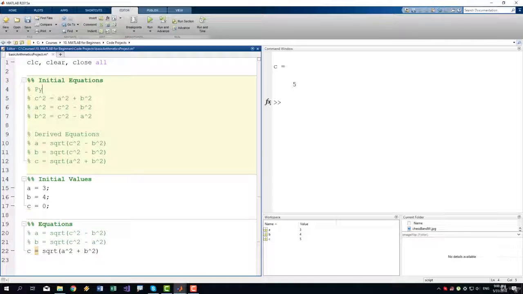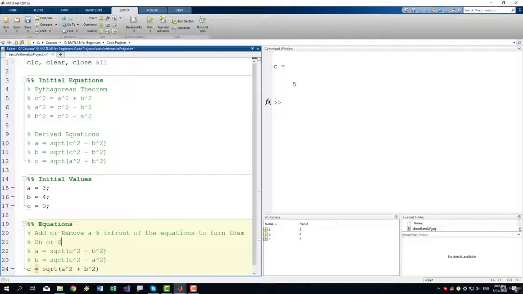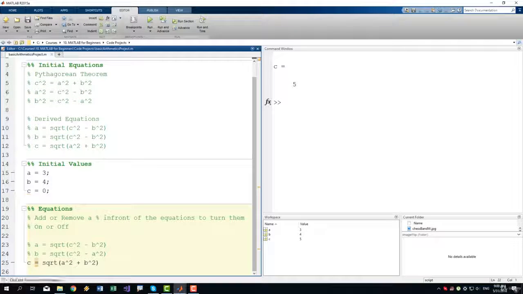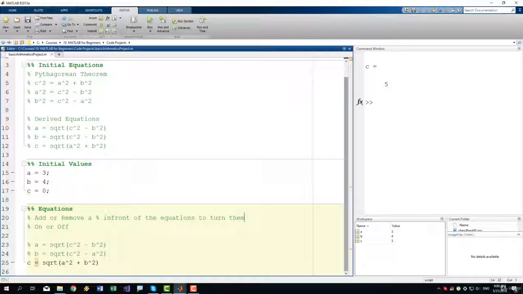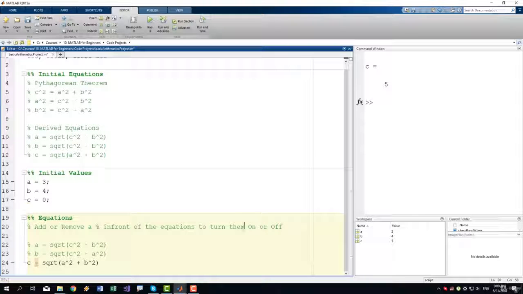This is the Pythagorean Theorem. And here we can also add or remove a percentage sign in front of the equations to turn them on or off. There we have it. Our code is now documented, it's clear what it does, and anyone can use or understand it.